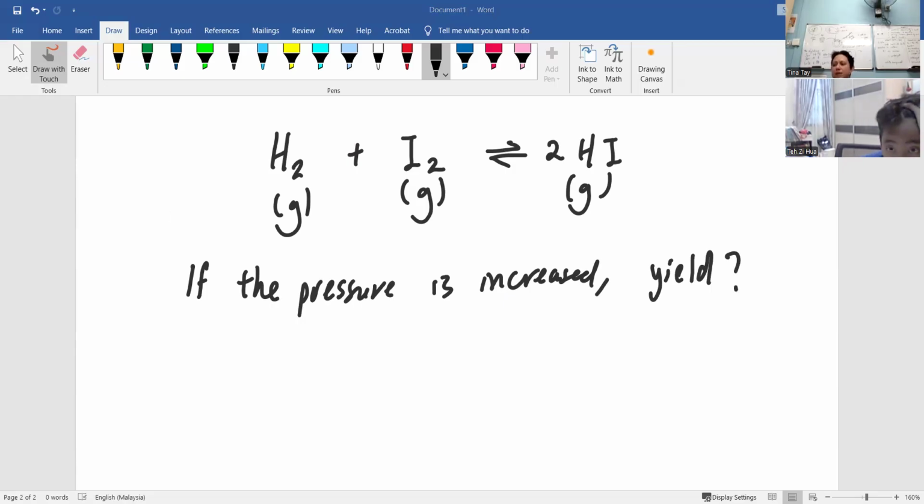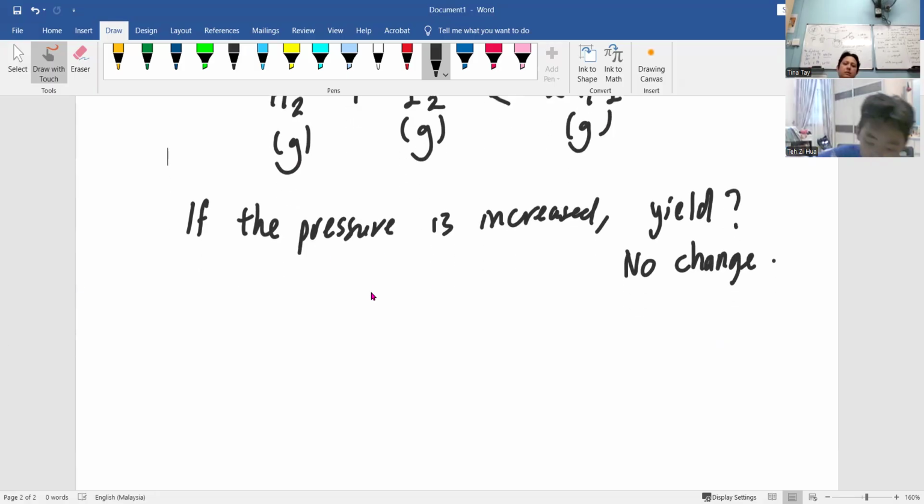Stay the same. Okay, why? Because the moles of the reactant and the product are the same. Correct.